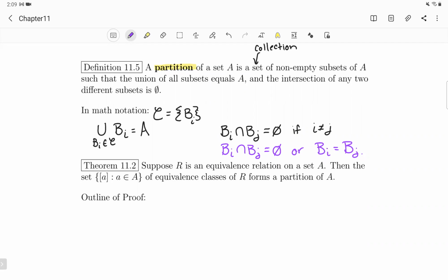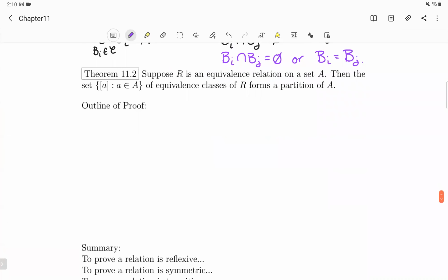All right, so here's the connection that we've kind of already seen. Equivalence classes make a partition. As long as you have an equivalence relation, those equivalence classes are going to form a partition. So let's look at that. Again, we're going to outline the proof.